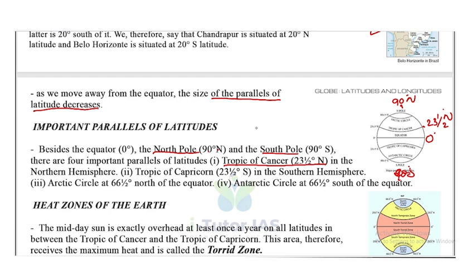And the same 23.5 degrees south, in the southern hemisphere, is called the Tropic of Capricorn. Next, at 66.5 degrees north, it's called the Arctic Circle, and 66.5 degrees south is called the Antarctic Circle.